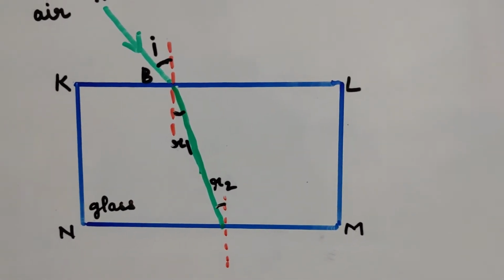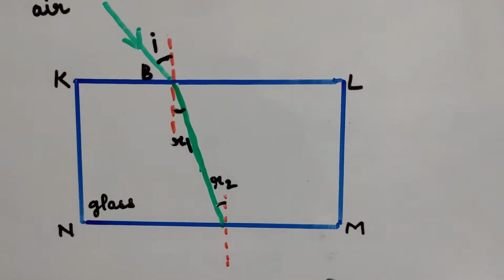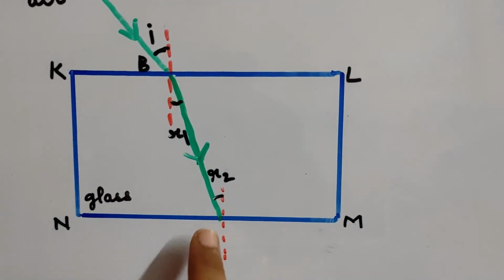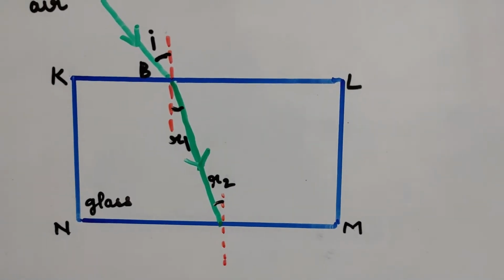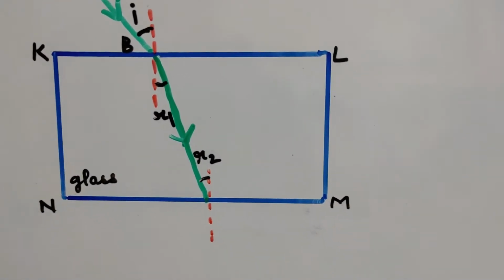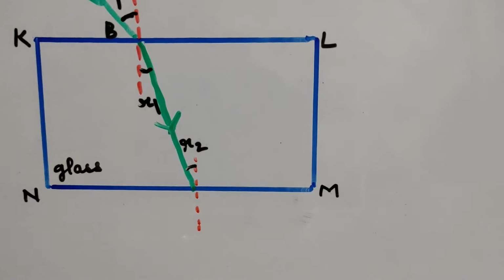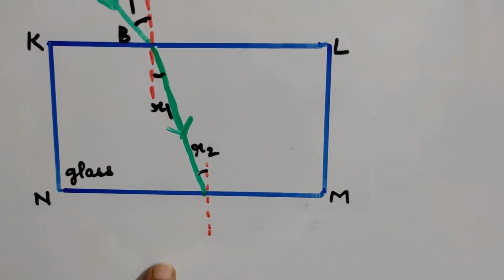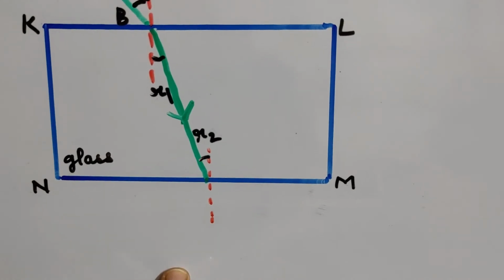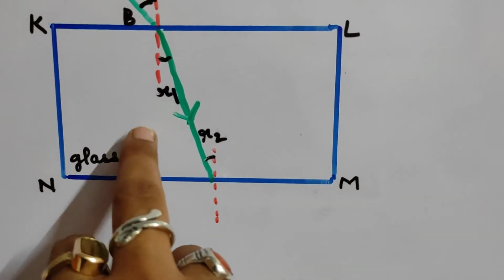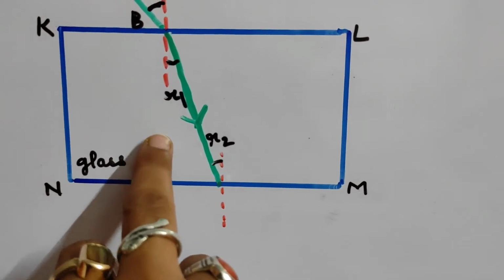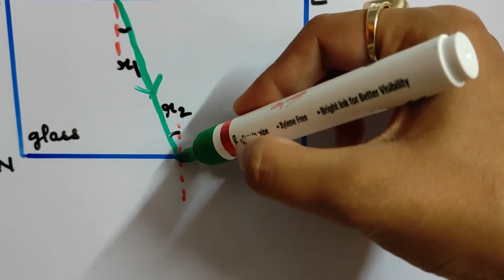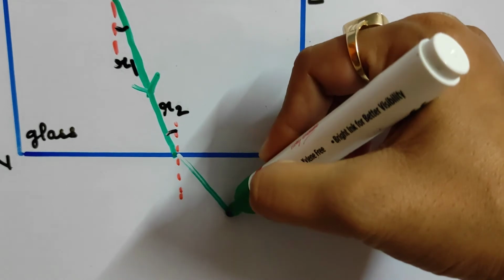Fine. Now again after refraction at this surface, after striking this surface, this ray will now bend away from the normal. Why? Because now glass is a denser medium and it is coming back to the air, and air is a rarer medium. When a ray travels from denser to rarer medium, it always bends away from the normal.